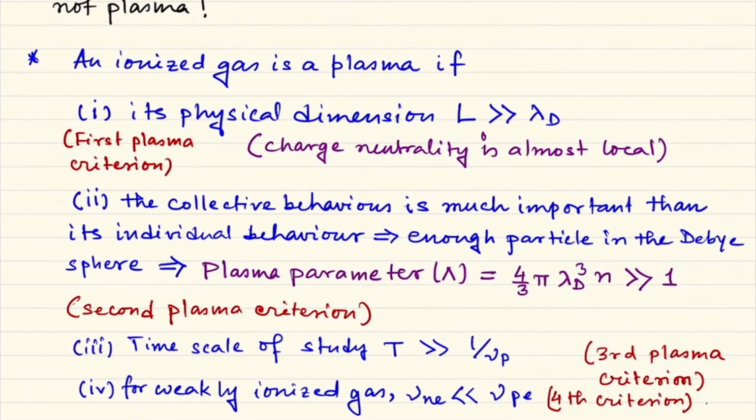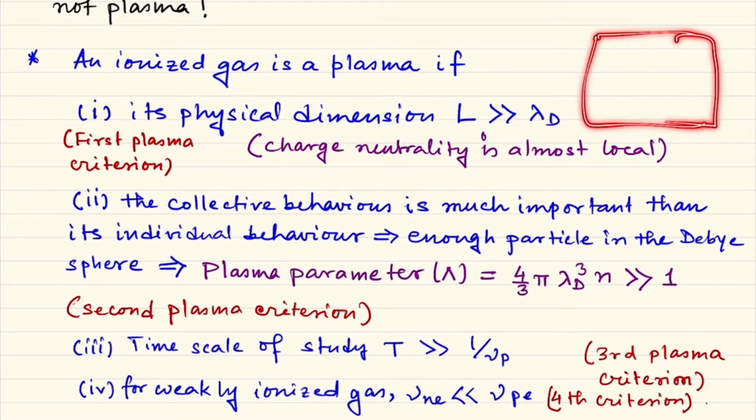Now, the second criterion is the collective behavior, and that's very important for a plasma once again. For a plasma, the collective behavior of the particles is much more important than its individual behavior. The requirement for this being true is that we should have enough particles in the Debye sphere.